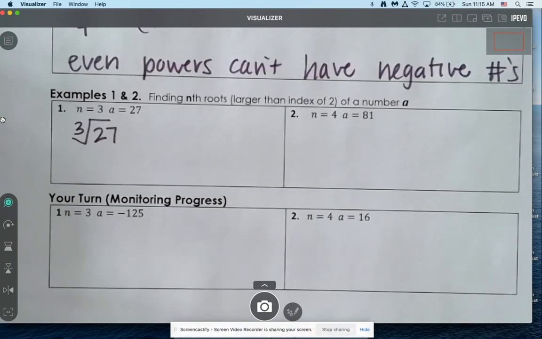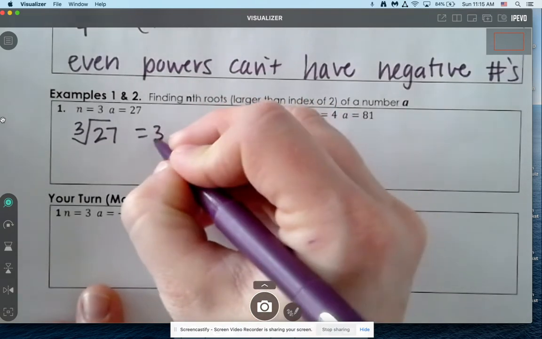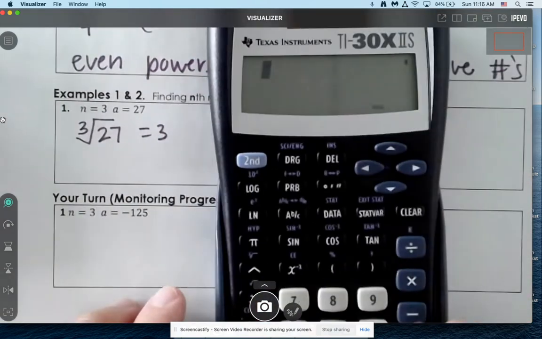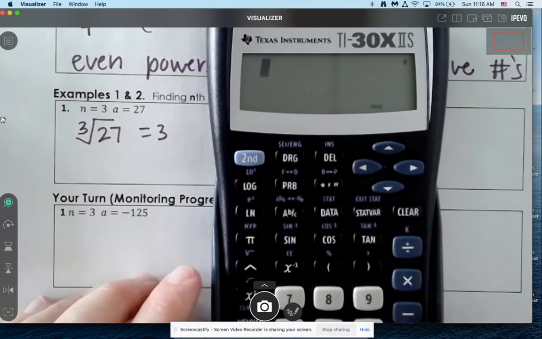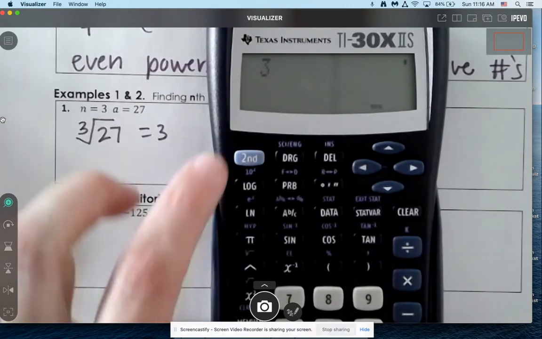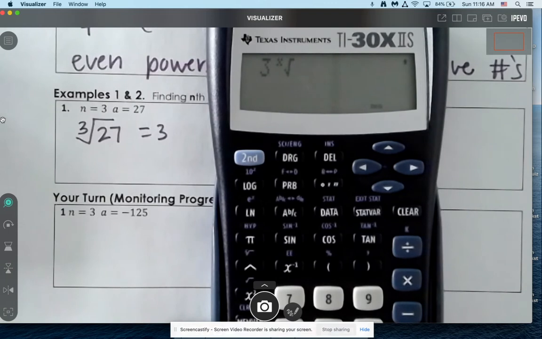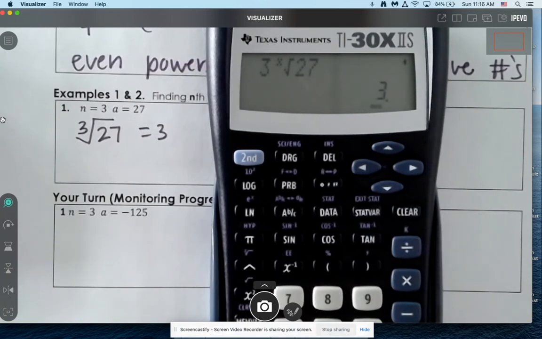What number times itself 3 times is 27? Hoping you're thinking 3. And if you don't know, you guys, it's calculator work. One more time just for practice. You're going to hit 3, second, the up arrow, 27 equals 3. All right.